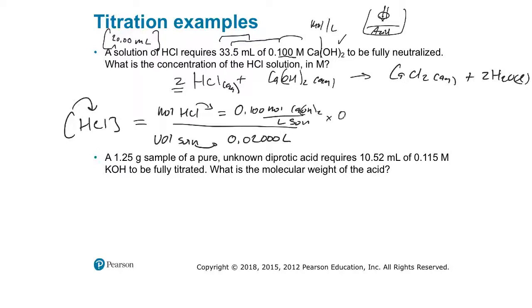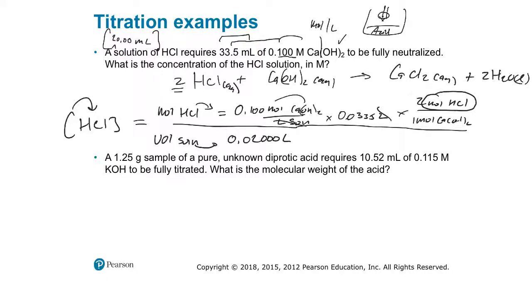And then I use 0.0335 liters of that solution. And then that would give me moles of calcium hydroxide. Then my stoichiometry says for every 1 mole of the calcium hydroxide that we had to add means that there were 2 moles of HCl present. So then I just take the moles of HCl and then divide by the volume of the HCl solution.